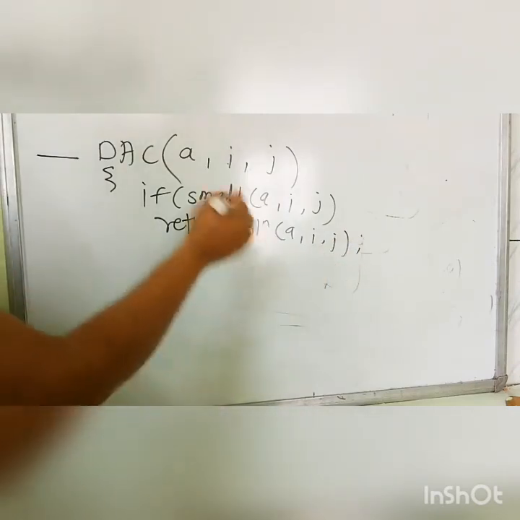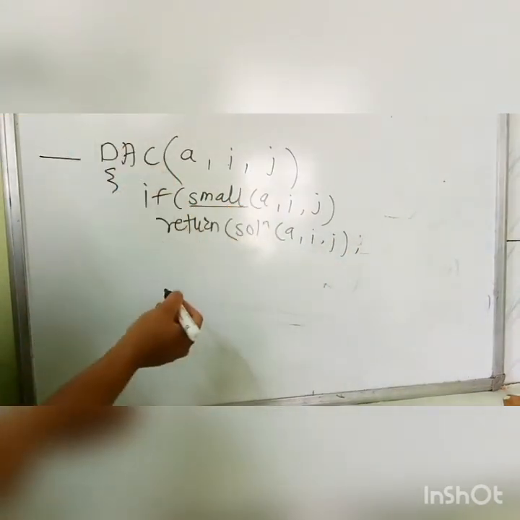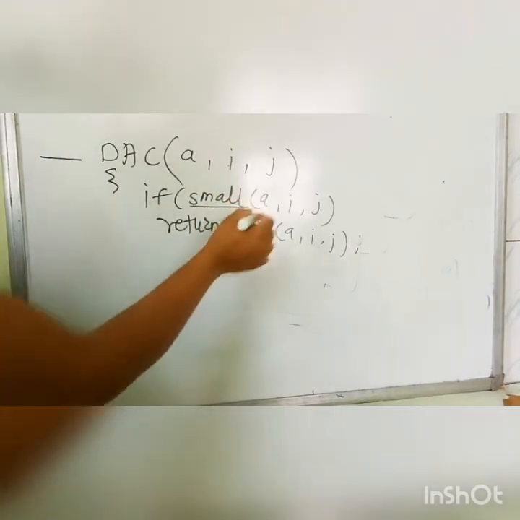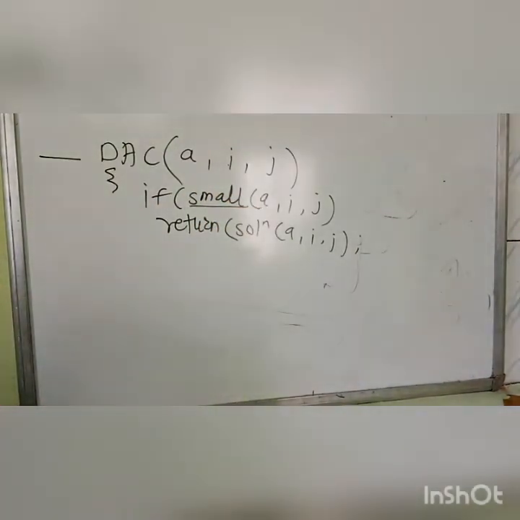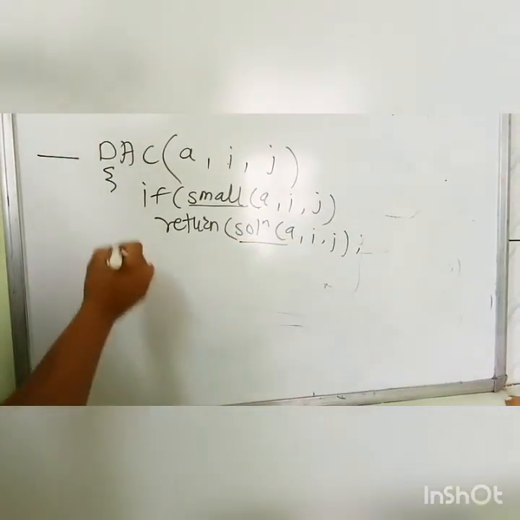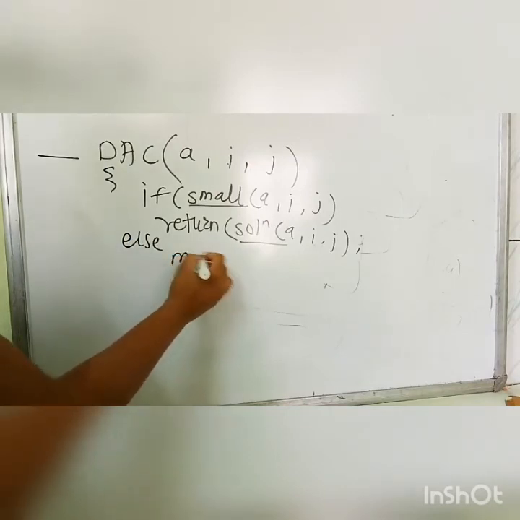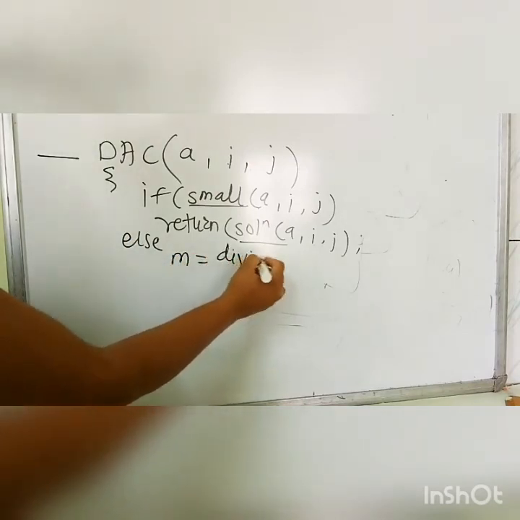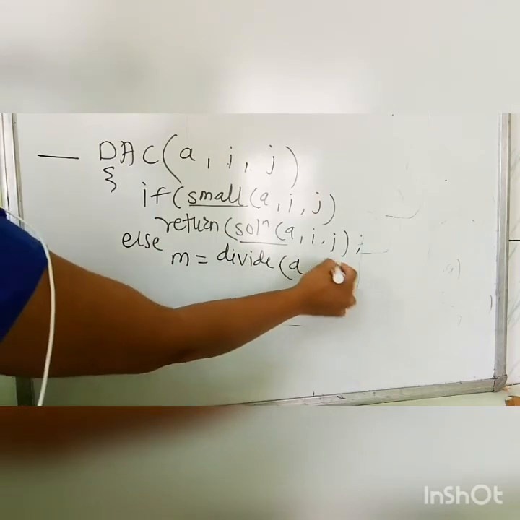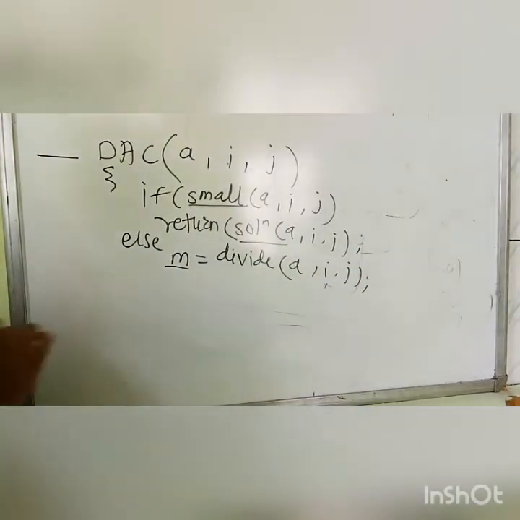Means here we are comparing the elements with the required elements in any case, for sorting or in searching, and then returning the solution with this array. If it is not, then we will divide them at the middlemost, means we will apply divide on A, I, J, and the middlemost element will be captured in m.